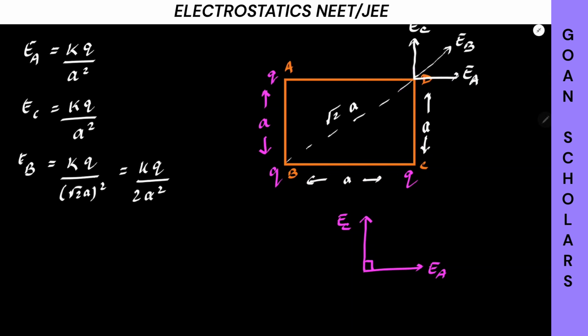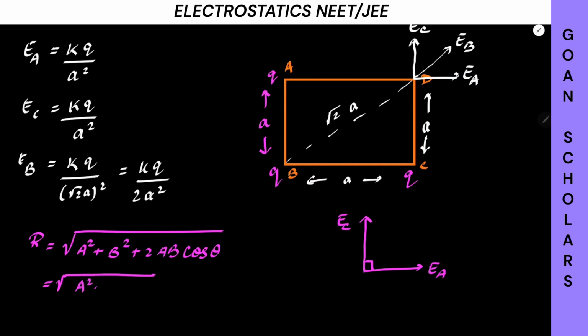Okay, great. So if these are 90 degrees, what will be the resultant of two vectors having 90 degrees between them? R will be equal to root under A square plus B square plus 2AB cos theta, correct? And theta is 90 degrees, so cos 90 is 0. So we are left with root under A square plus B square. Now if you look at the magnitude of EA and EC, both are equal.